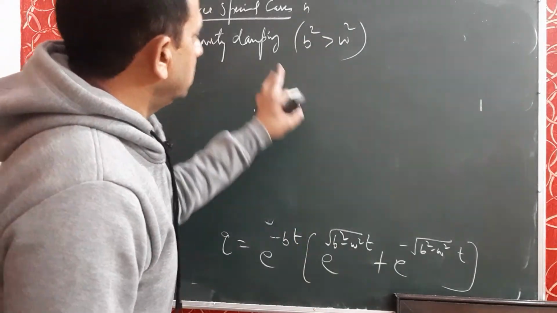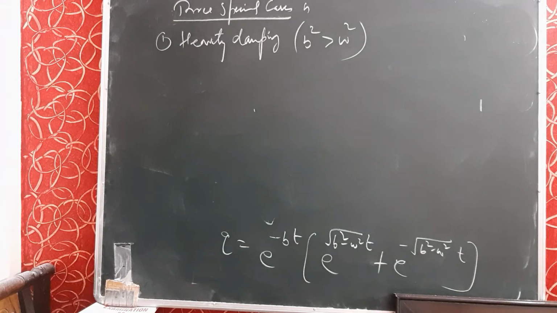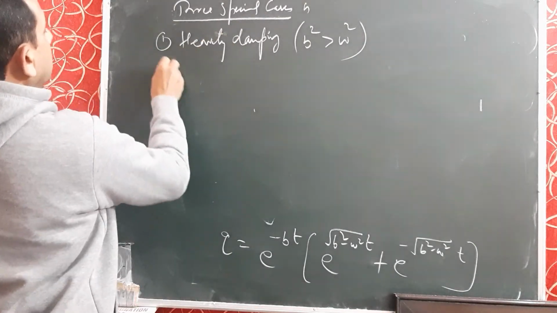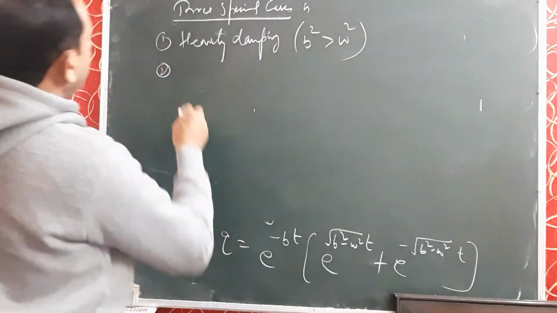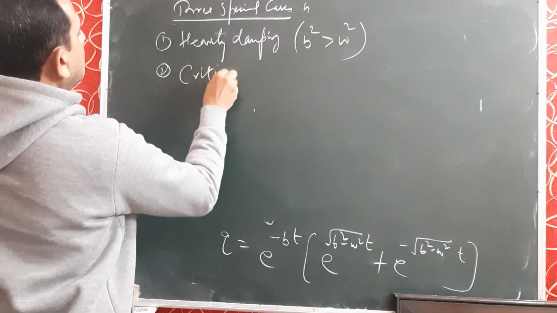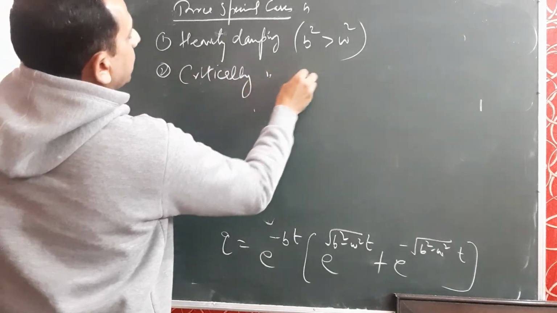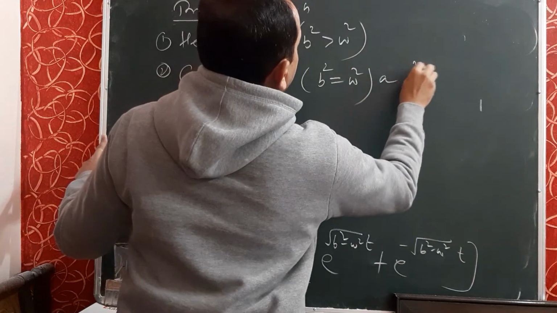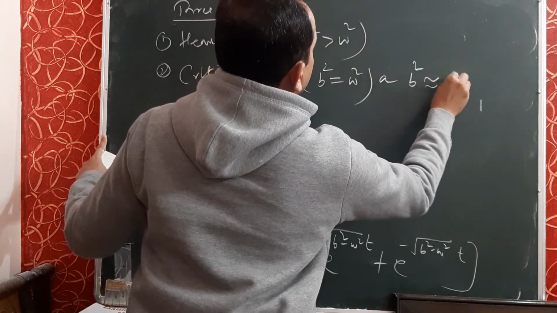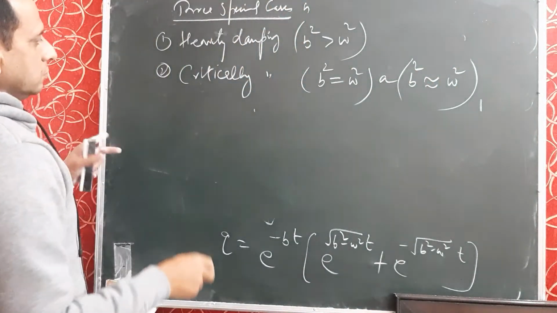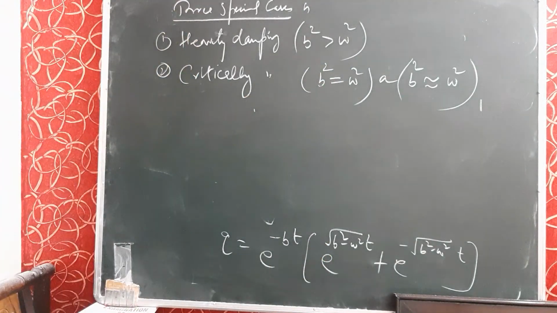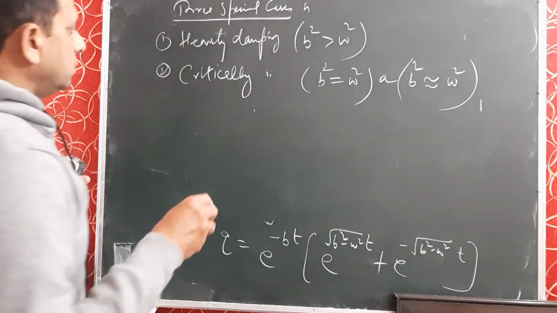This factor decides the special case. If it is positive, it is called heavily damped. If it is 0, then it is critically damped, where b square is approximately equal to omega square, very close to omega square.